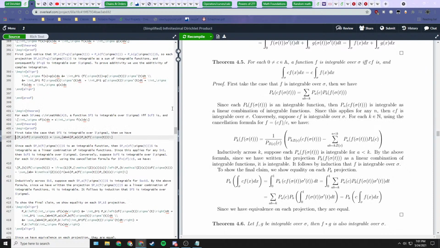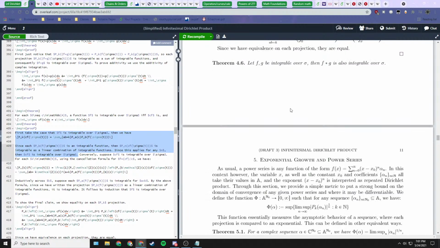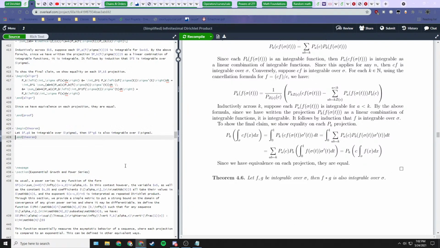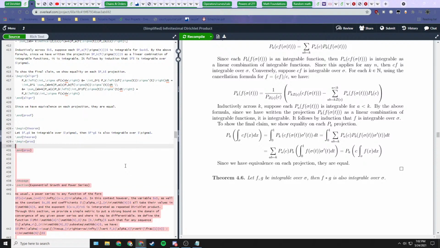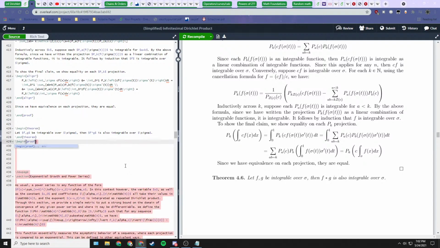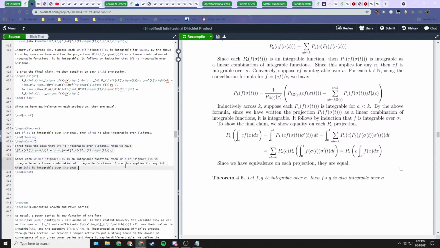Actually, we can pretty much just copy this, and that actually might let us simplify that a little bit. That's not what I wanted. Okay, there we go.